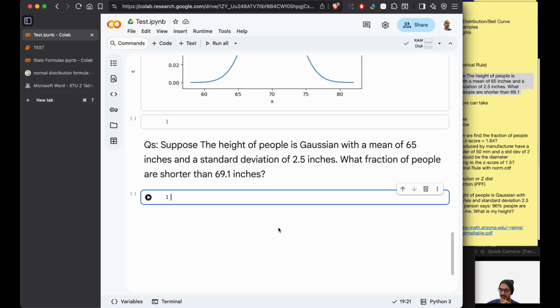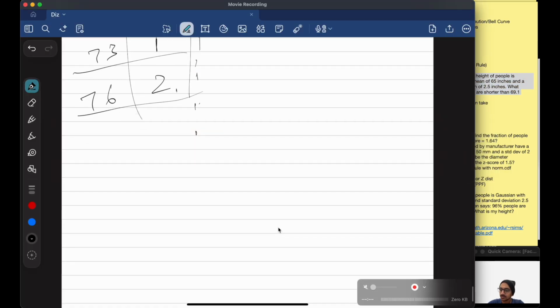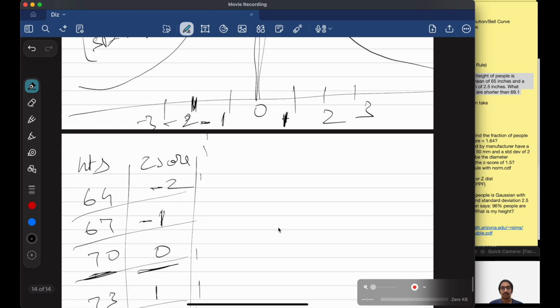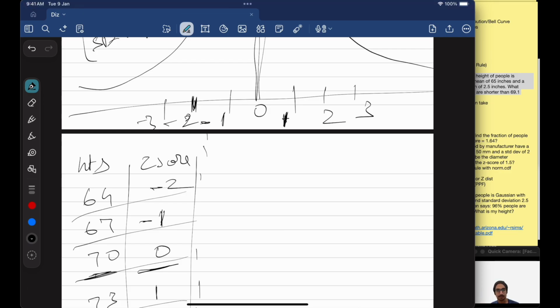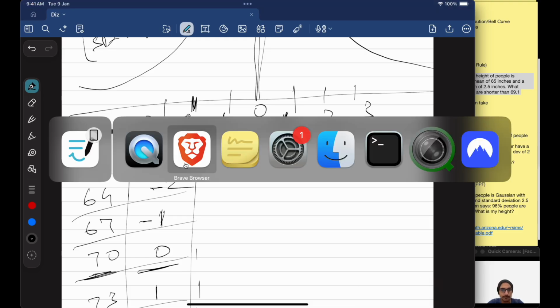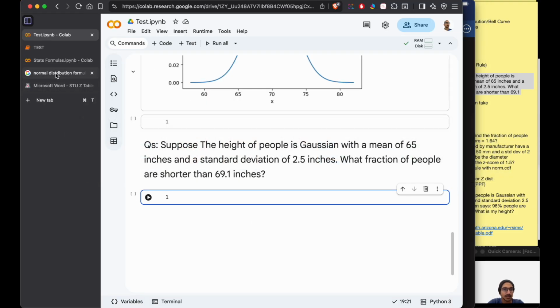So we got the z-score value. Now we want the probability. So the whole point of standardization was so that they can create a set of probability values that can be applied for all of them, and that is where the z-score table comes in.